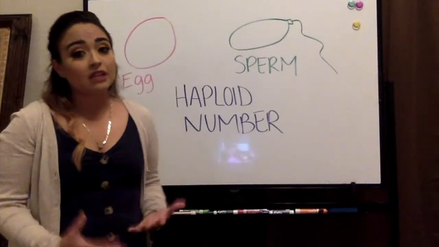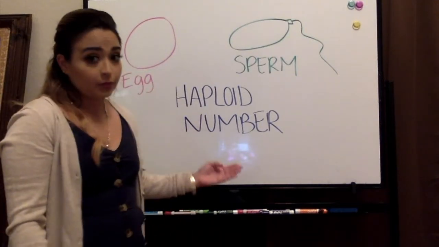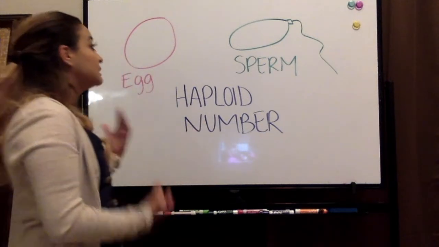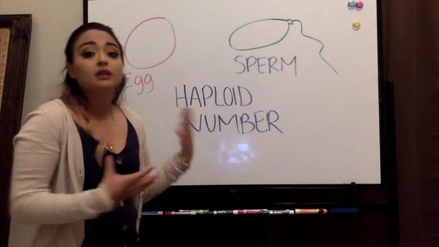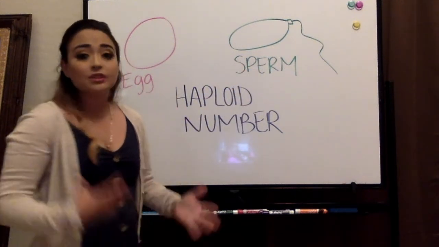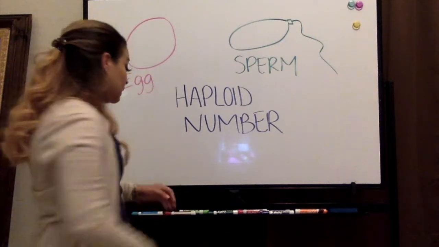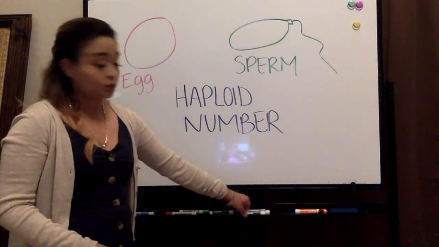Now, something else that I want to introduce to you guys is the haploid number. Now, please recall that I stated that the egg cell and the sperm cell have chromosomes. But not only do they have chromosomes, they have a specific amount of chromosomes. They both start off with 23 chromosomes each.